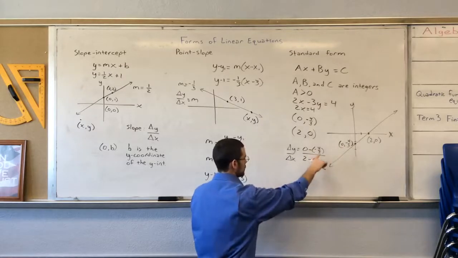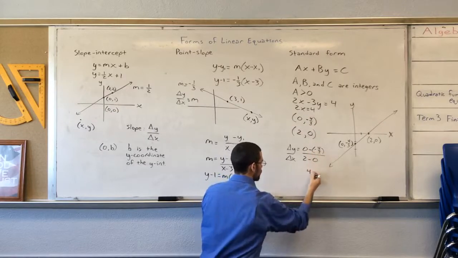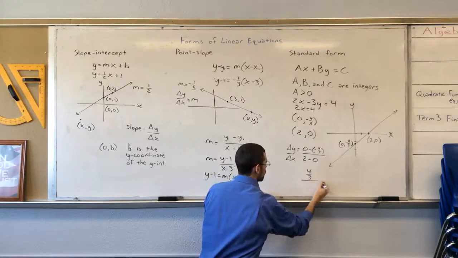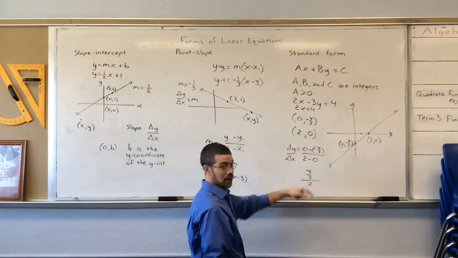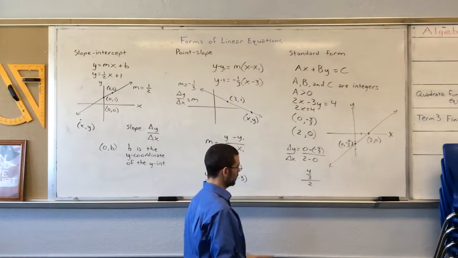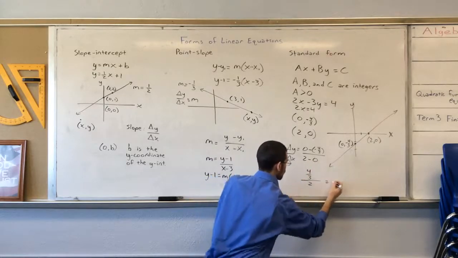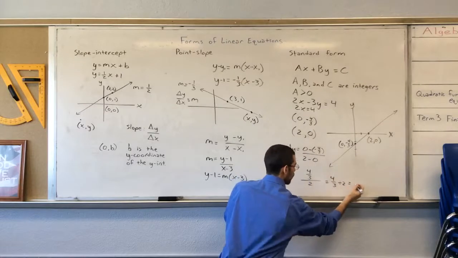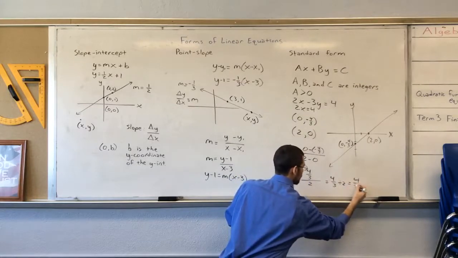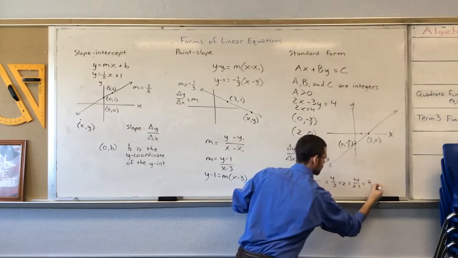And the result is, well, 0 minus a negative is addition, so we have 4 thirds. And we're dividing 4 thirds by 2 minus 0 is 2. Now that's a complex fraction, so we should simplify it. So this is equal to 4 thirds divided by 2, or 4 divided by 2 times 3, which is 2 thirds.